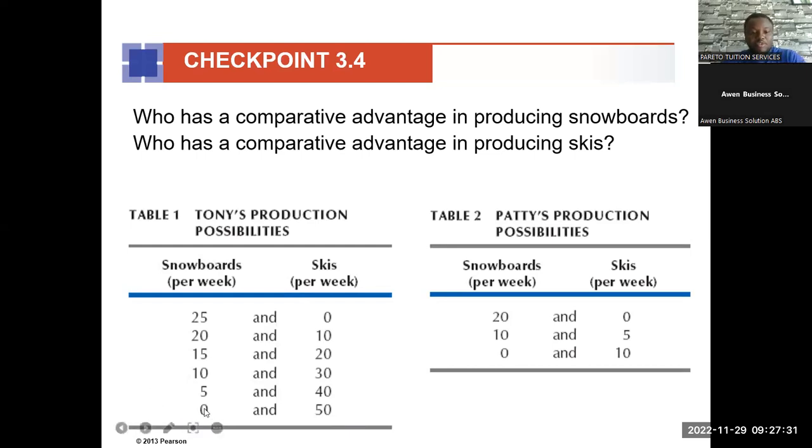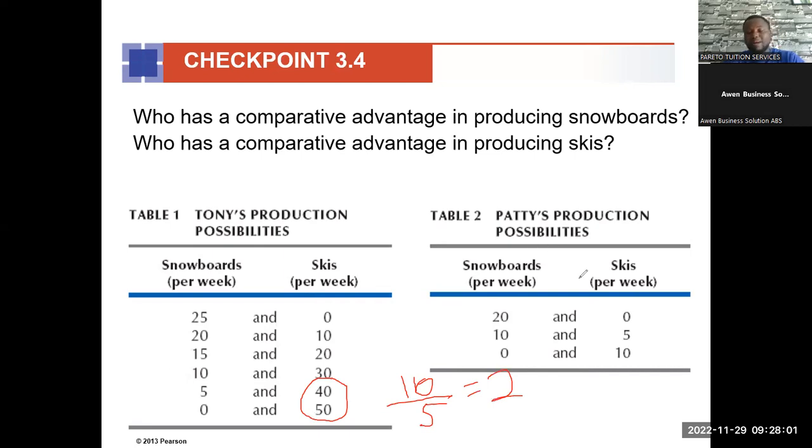Yes. Good. So moving from 0 to 5, we have to move from 50 to 40 for the sky. So what is going to be the opportunity cost of producing a snowball? That will be the decrease in skies, right? That is going to be 10, divided by the increase in snowballs, which is 5. So we'll have an opportunity cost of 2. That is for snowball.